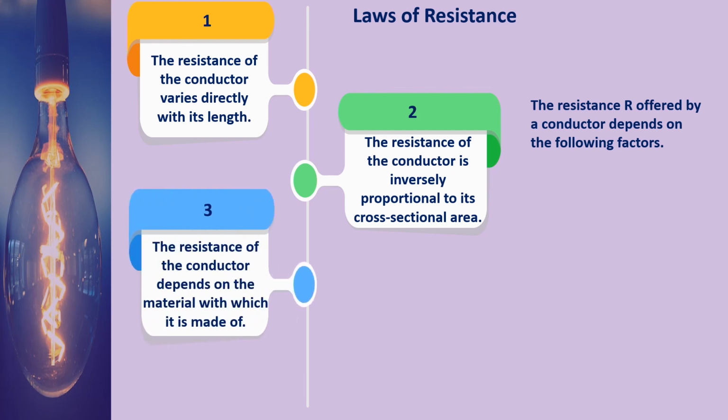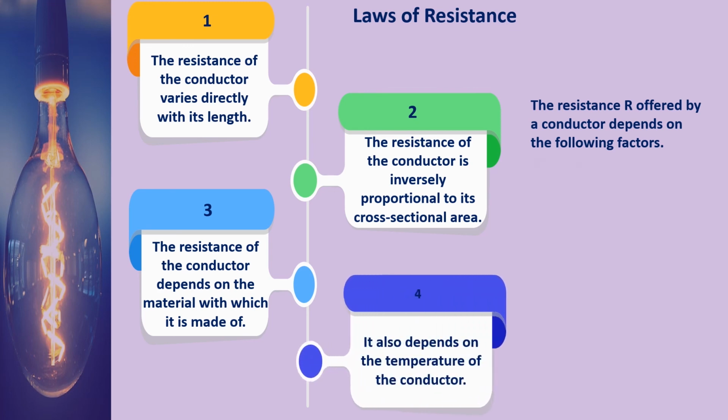The resistance of the conductor depends upon the material of which it is made. It also depends on the temperature of the conductor. Ignoring the last factor for the time being, we can say that R is equal to ρL by A.